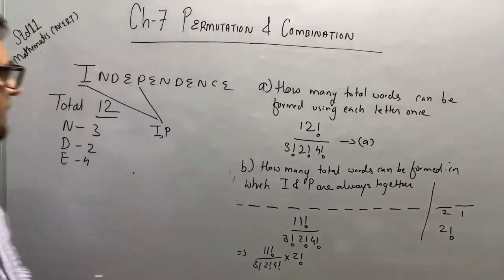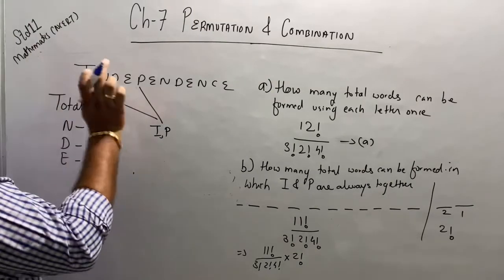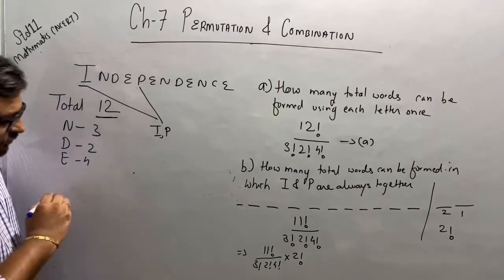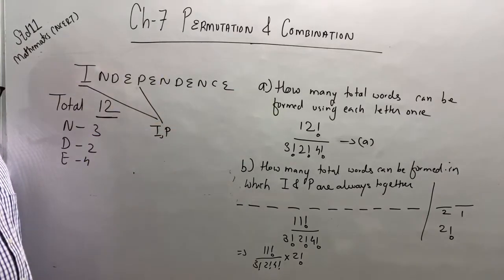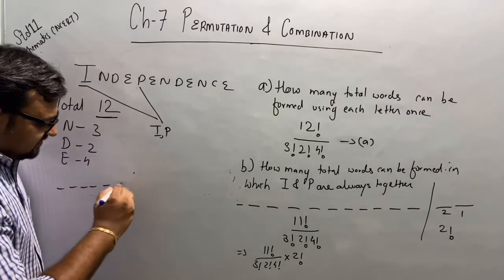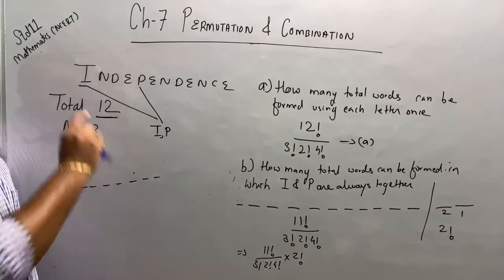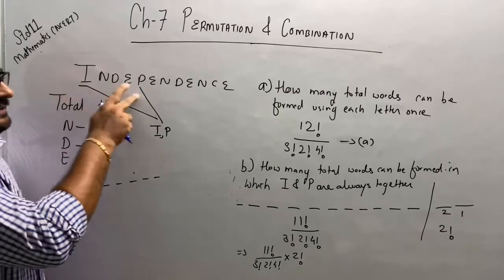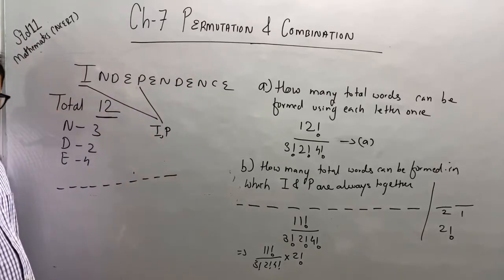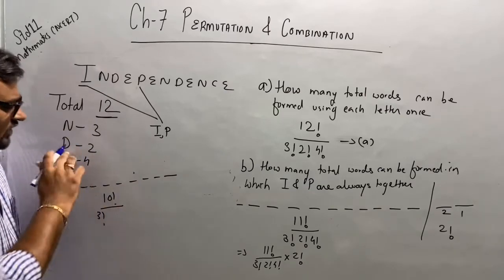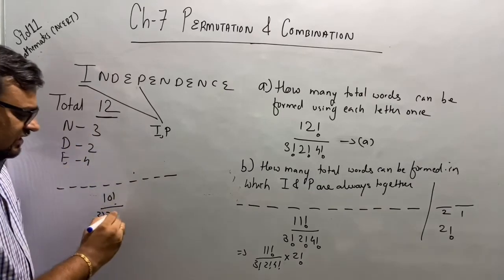Just for example, if it is asked that I, P and C, all these three must be together, then what will I do? 12 minus 3, 9 places, and one place for all three, I, P and C. So total 10, 10 factorial upon N 3 factorial, D 2 factorial, E 4 factorial.